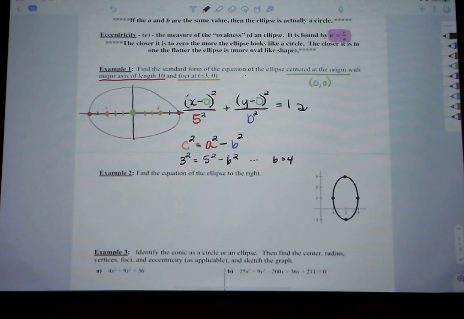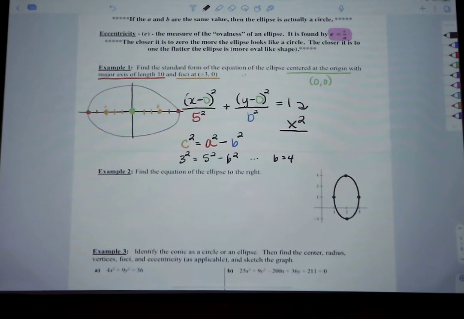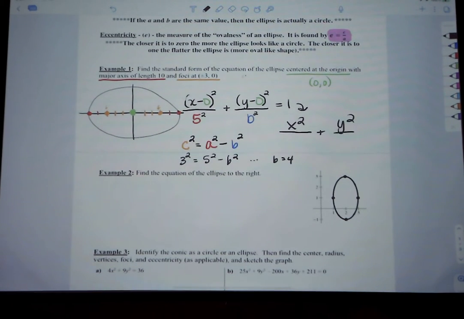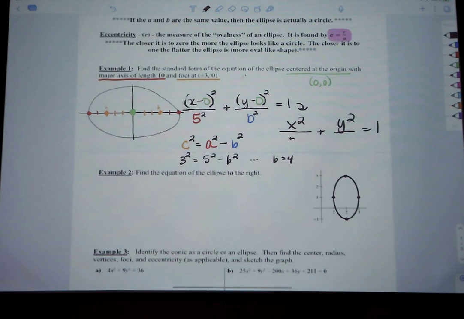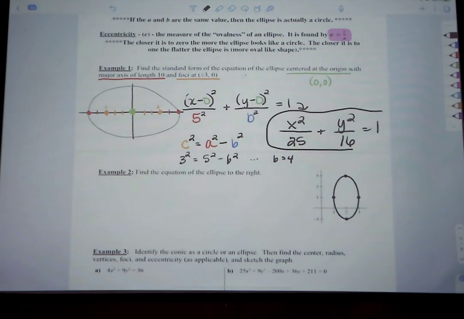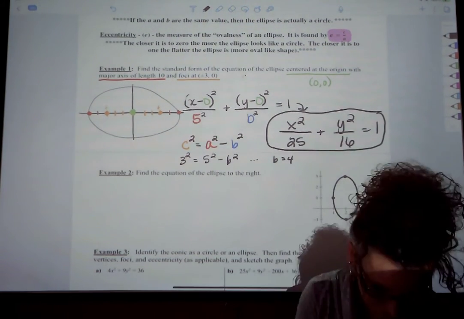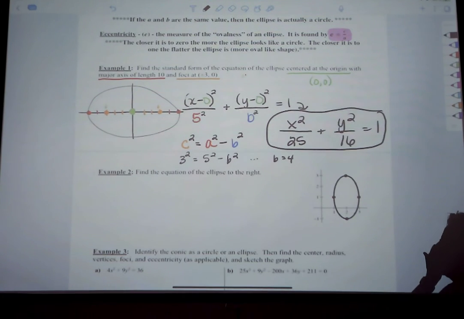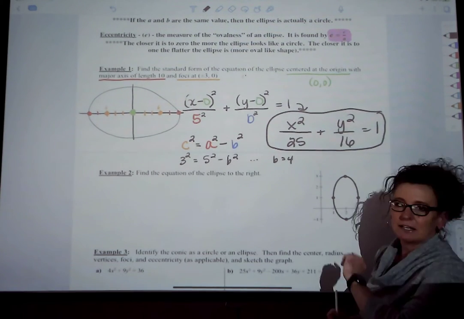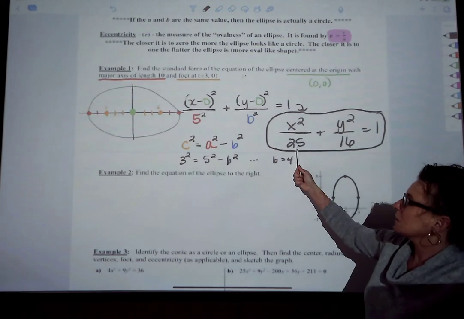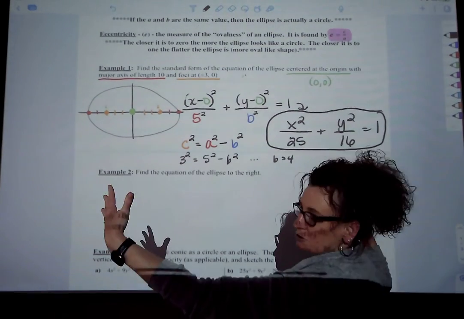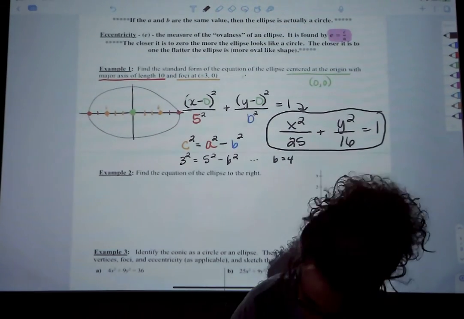So final answer: x squared, y squared, and 25 and 16. There you go. That's the equation for that ellipse. Bigger number under the direction that it's positioned.